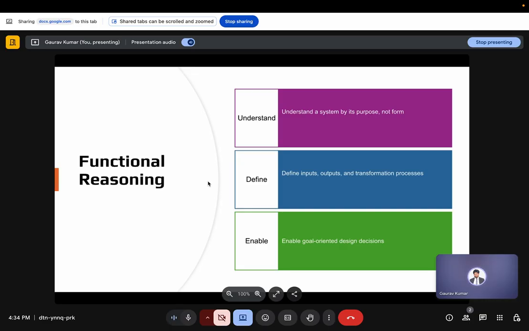Redundant or low-value functions are eliminated early. Goal-oriented reasoning supports parallel exploration and clean interfaces. So it reduces bias toward familiar embodiments. Functional clarity is a springboard for creative yet disciplined concept generation.